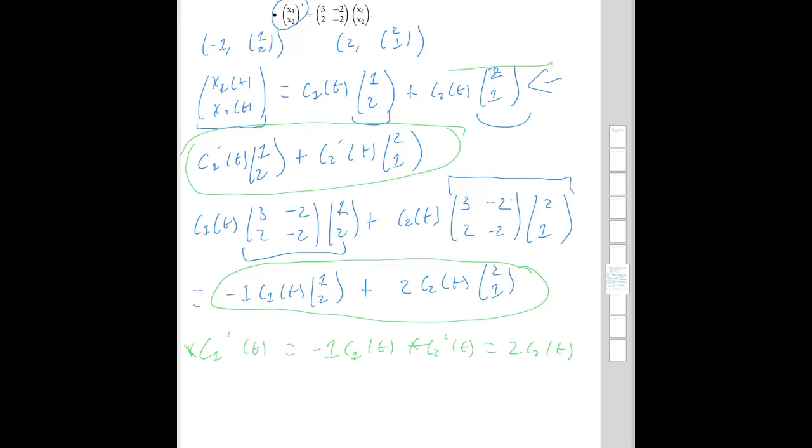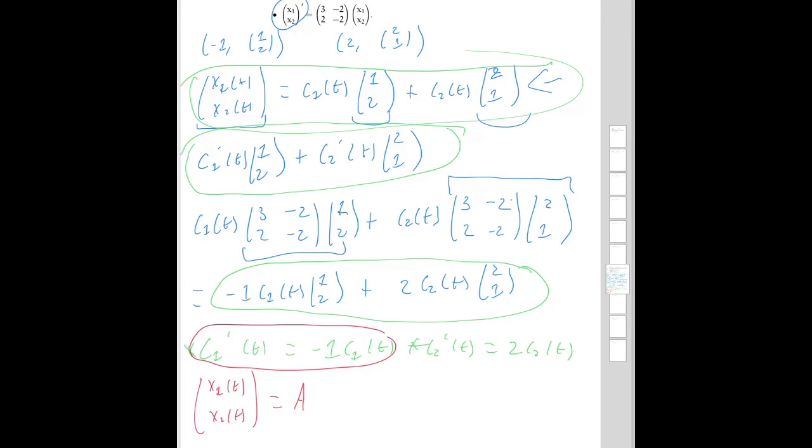Okay, so if you plug that into this formula for x1 and x2, what this tells you is that (x1(t), x2(t)) is equal to c1(t), the general solution for c1(t), which is a1 times e to the -t, multiplied by (1, 2), plus c2(t), the general solution for which is a2 times e to the 2t, multiplied by the vector (2, 1).